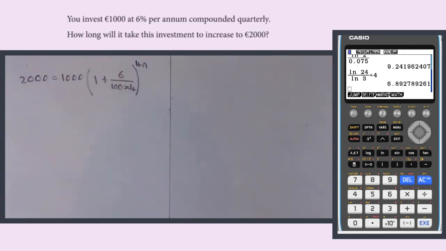And when we get an answer, n will be in years. If we didn't put the 4, then it would potentially be in something else.